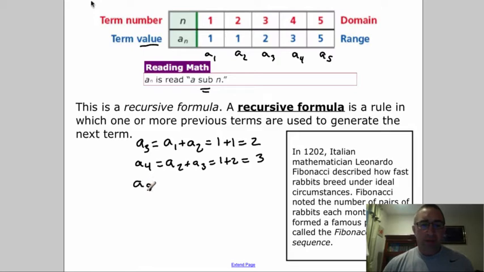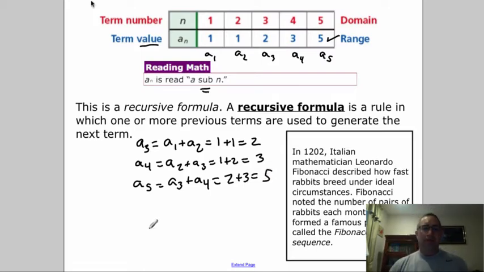To generate the fifth term up here, okay, I'm taking the third term plus the fourth term, so I'm taking a 2 plus a 3 to get the 5. That's called a recursive formula because I'm using previous terms to generate the next term.